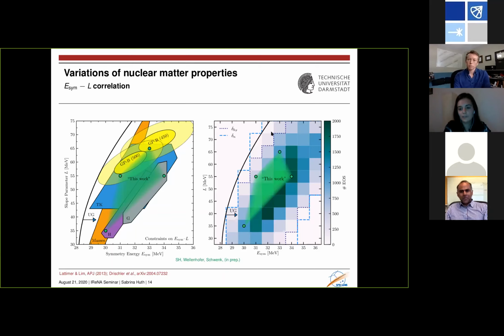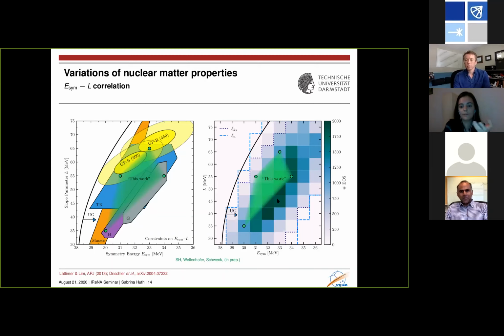Actually, here from this plot, you see that if you go even larger, then at some point you don't have a lot of EOS that are consistent, because you generate energies that are larger than your pure neutron matter uncertainty band. So, yeah, it's both together, being in this uncertainty band here from all calculations and still having lots of EOS.